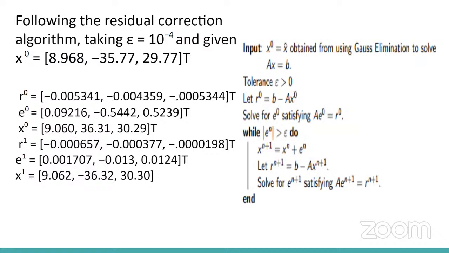And then solve for E naught. So next we are getting our E naught, satisfying the equation A E naught equals R naught. To get our E naught, you can just substitute. We know what our A is, we know what our R naught is, having done the first step, which is R naught equals this.